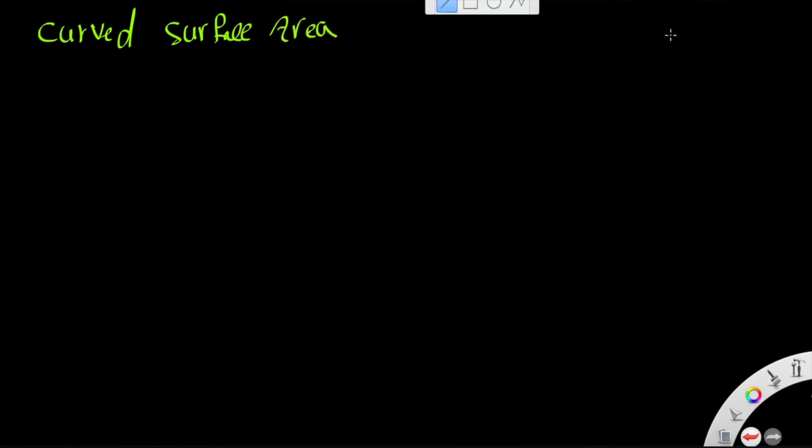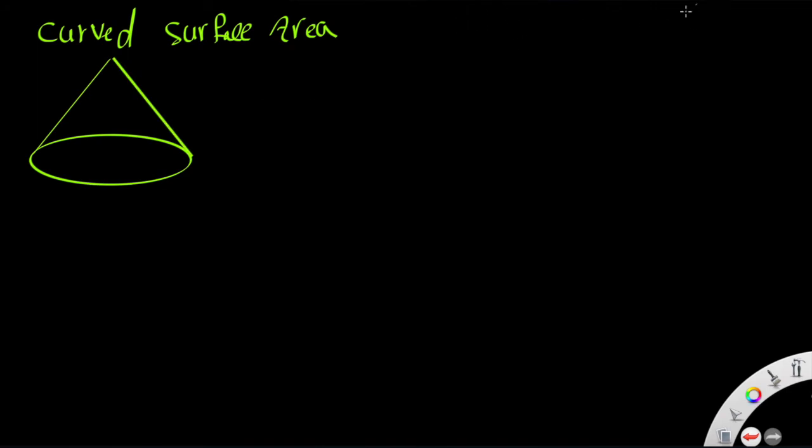Now let's see how to find the curved surface area. Now again, I will construct a cone here. Sorry, let me construct two lines to make the curved surface part here.